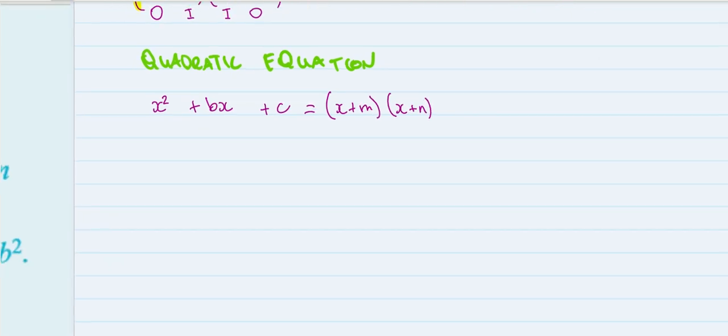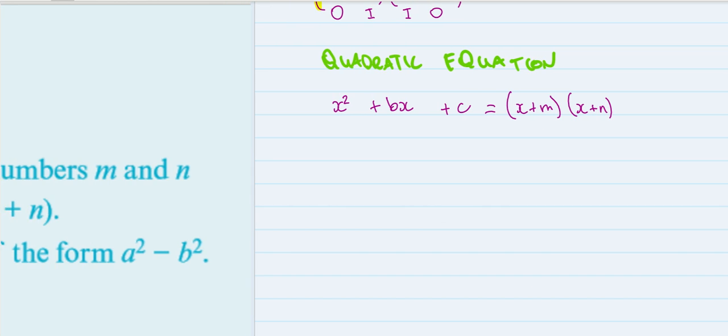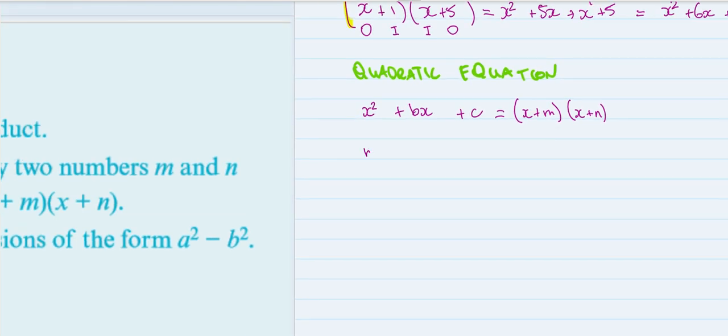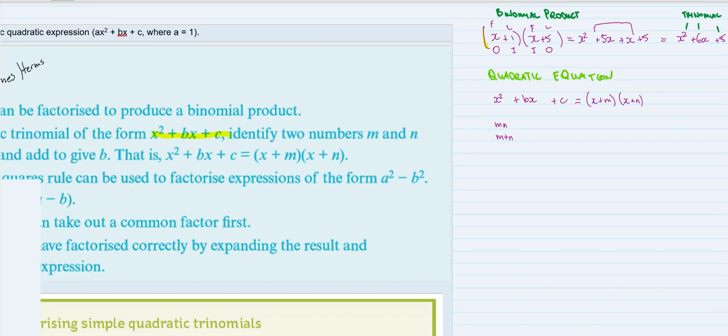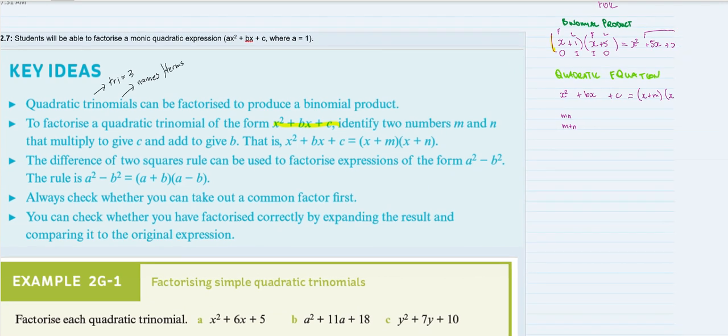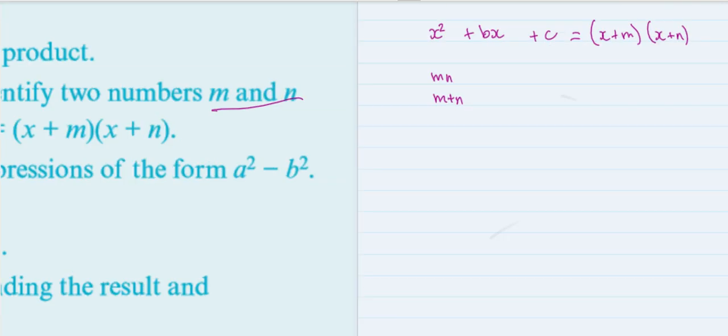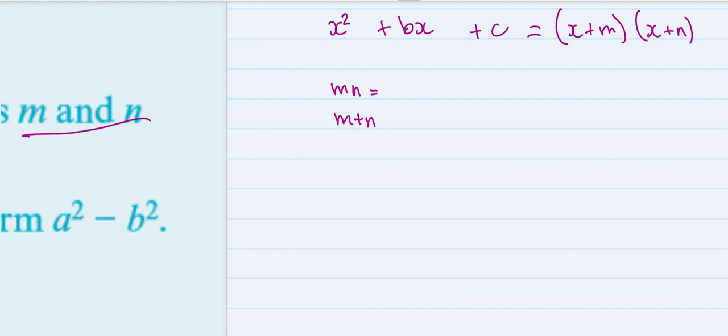Now this is important, these m and n terms, because what did we say? That m times n and m plus n should give us c and b. So let's have a look here. The two numbers m and n multiply to give c. So m times n equals c.